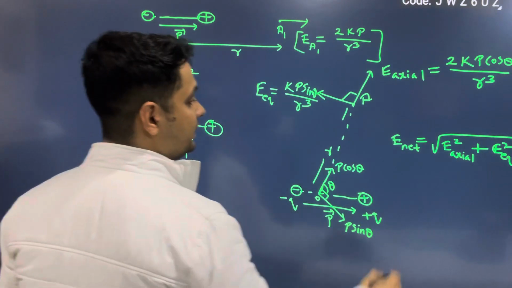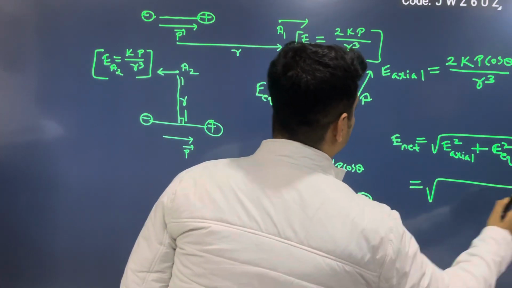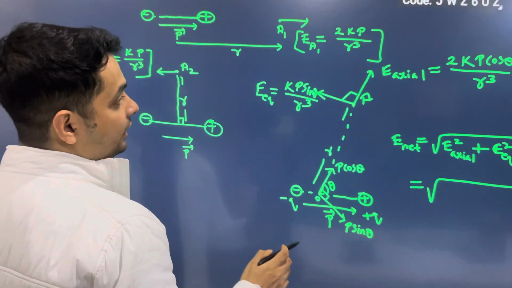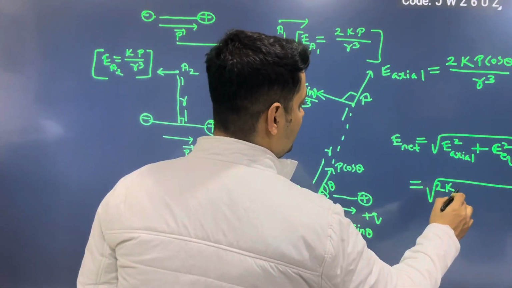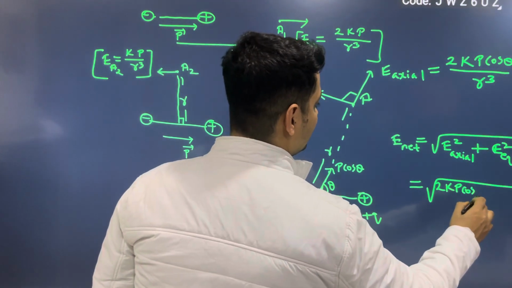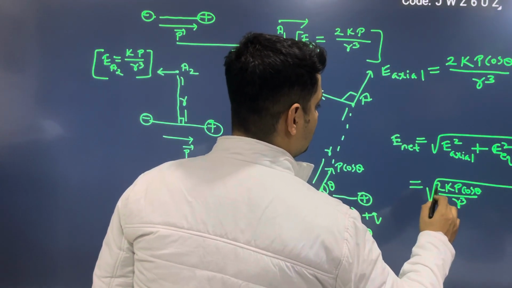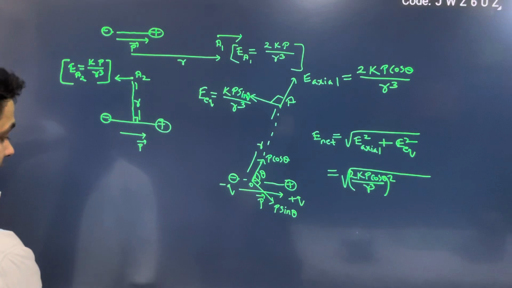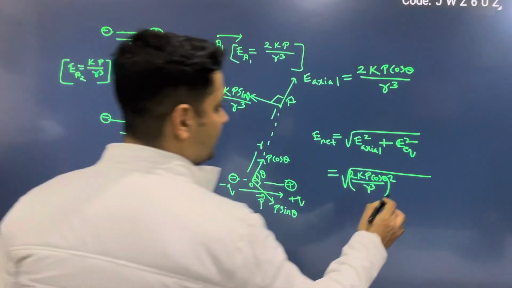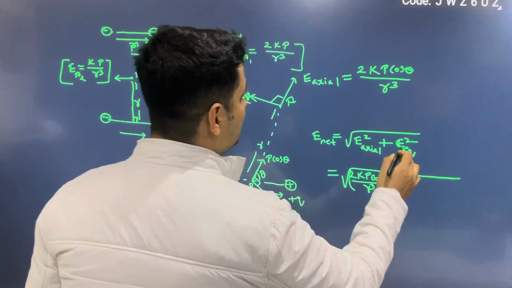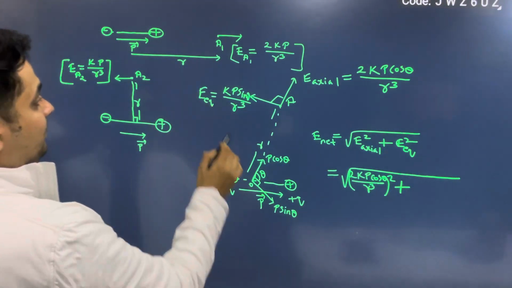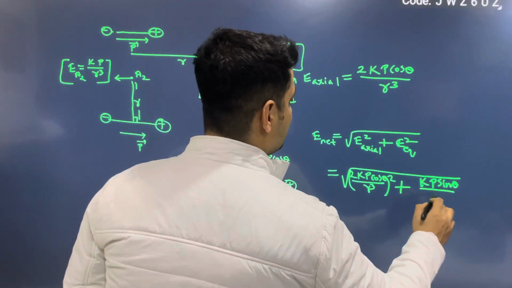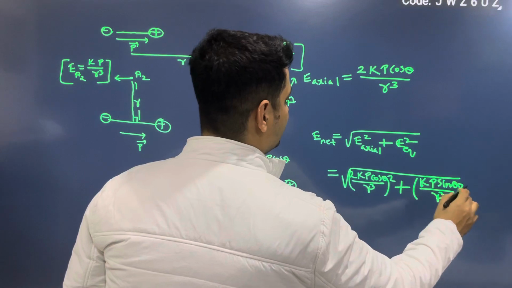Now it can be written as E axial square, which is 2kp cos theta by r cubed, whole square, plus E equatorial, which means kp sin theta by r cubed, whole square.